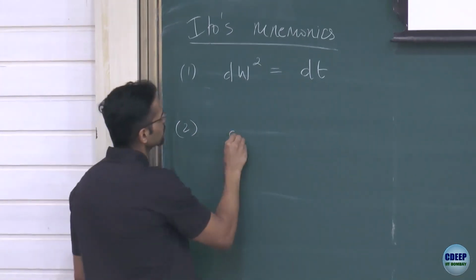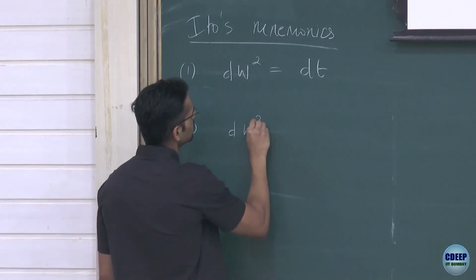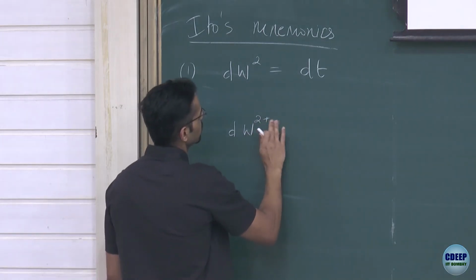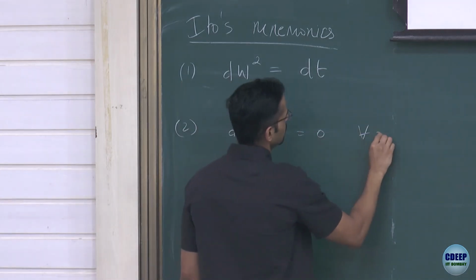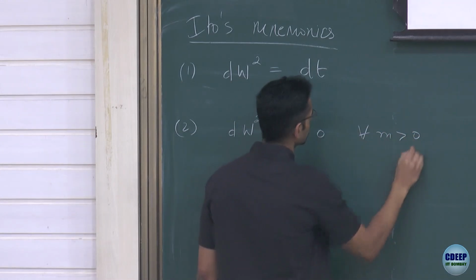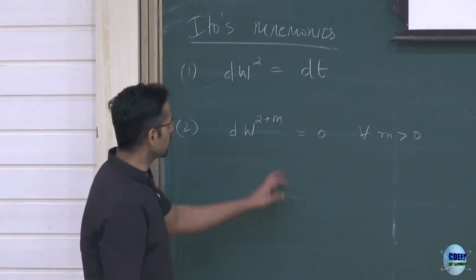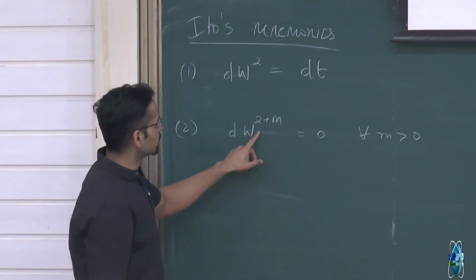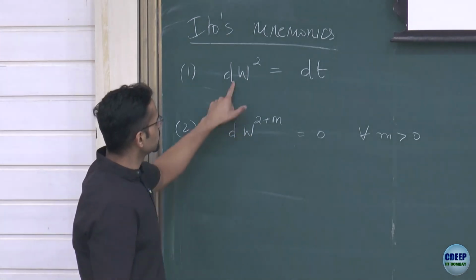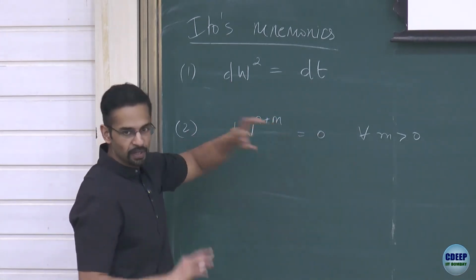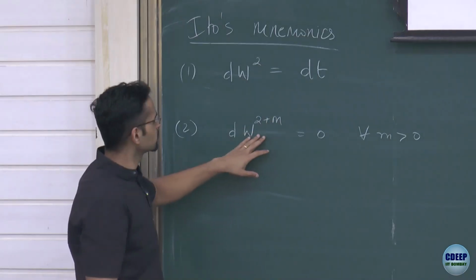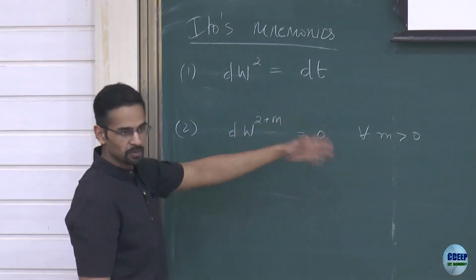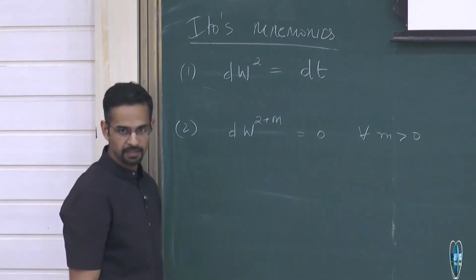And related to that is that dW to the power 2 plus m is equal to 0 for any m greater than 0, where m is some integer. So basically dW squared can be effectively replaced by dt is the first rule, and the second rule is that any higher power of dW vanishes in the SDEs.